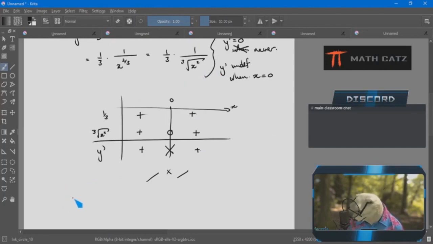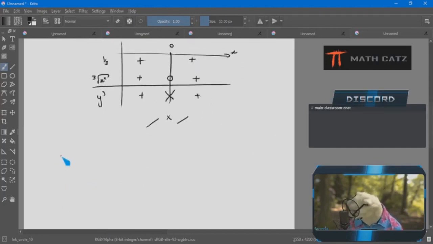So now my sentence. Again, my sentence refers to the original, and this time it's called y, is increasing on what? Do I say this?